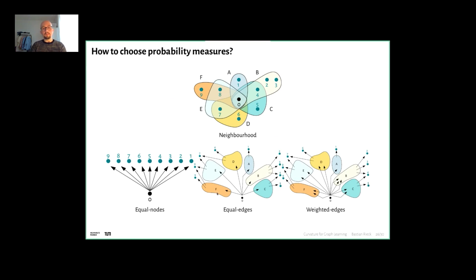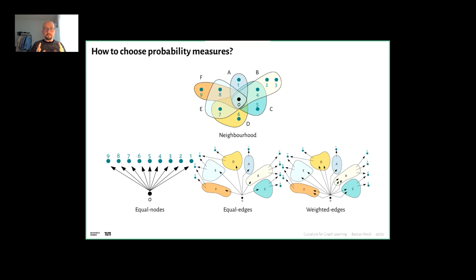What you could also do is you could visit all the edges with equal probability, and then furthermore choose one of the nodes in the edge at random. So you first pick an edge here uniformly, and then you pick one of the other nodes in the edge. And the last one is you could pick the edges in a weighted fashion, so you could divide your probability mass depending on how many shared intersections there are or how many points there are in the edge entirely.